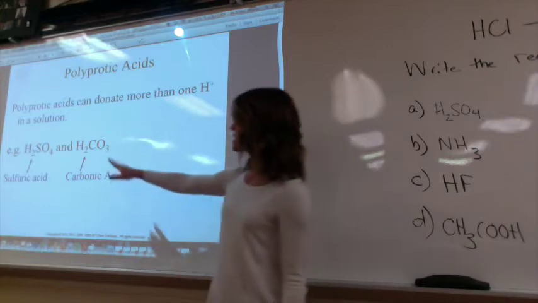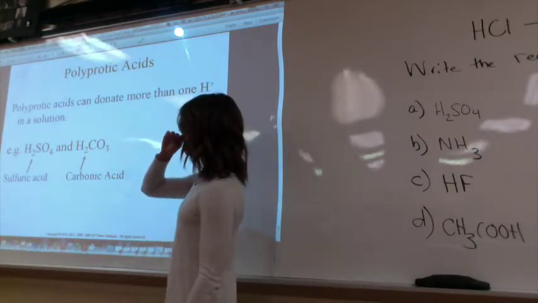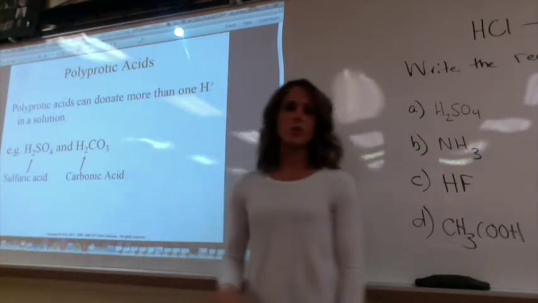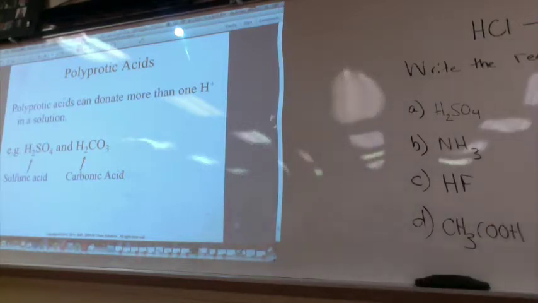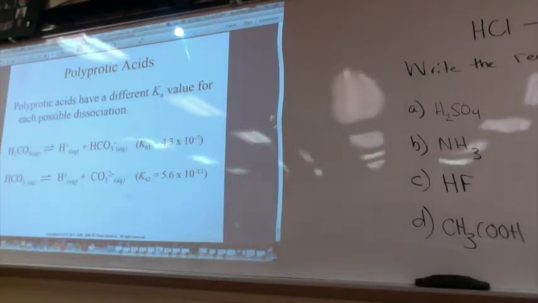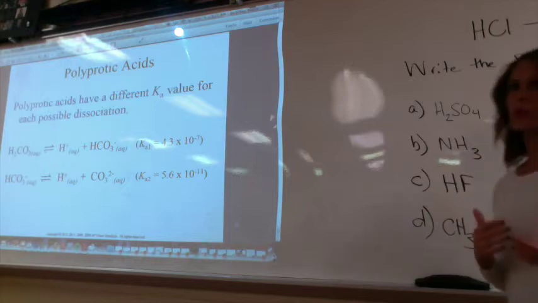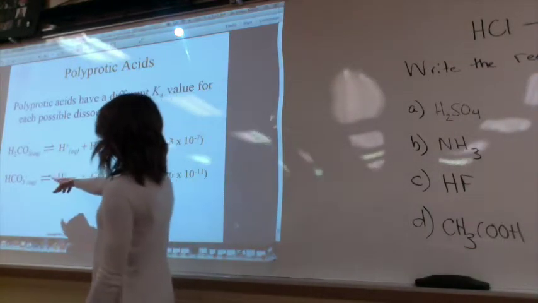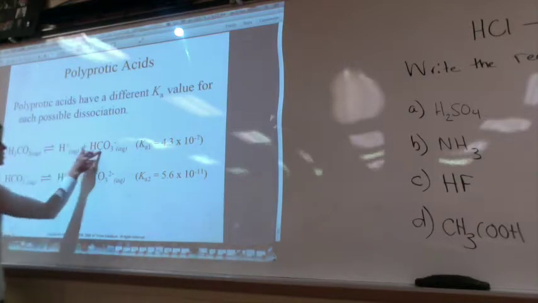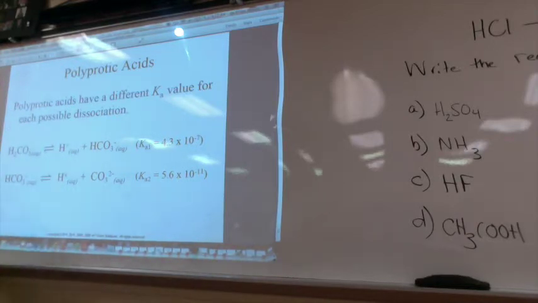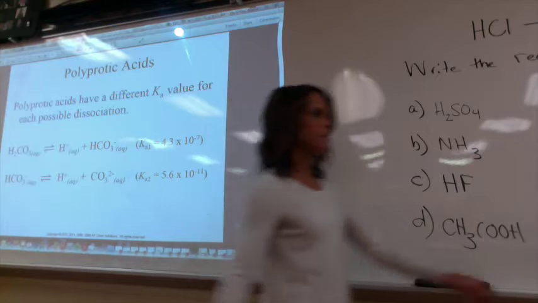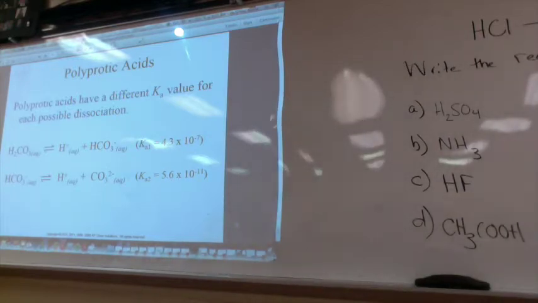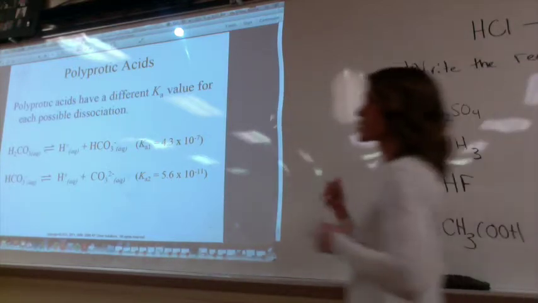So for these examples here, both of those H's are going to go away, but we always assume that the first K value is going to be the strongest dissociation, or the one that dissociates most of the H plus. So take, for example, carbonic acid. This first dissociation goes to this, and I just want to point out that sometimes the AP exam will tell you they're giving you a polyprotic acid, but they don't actually give it to you.